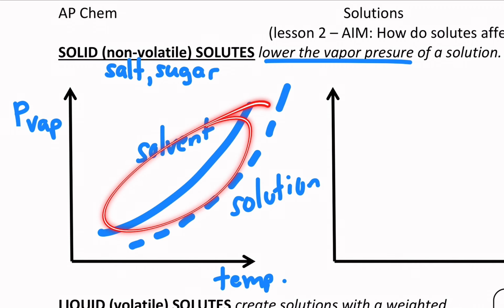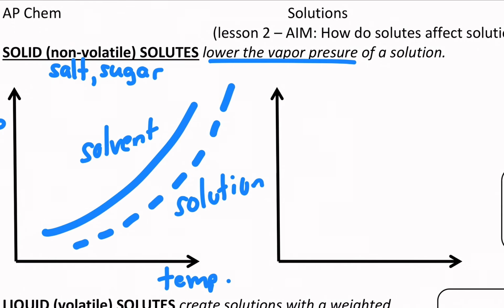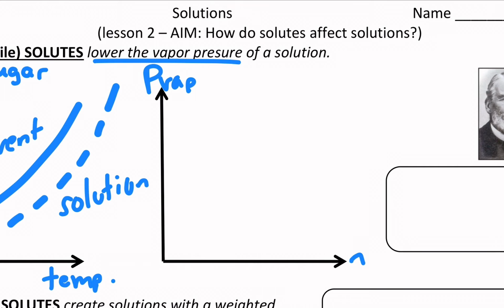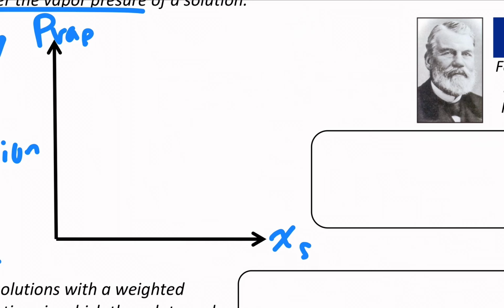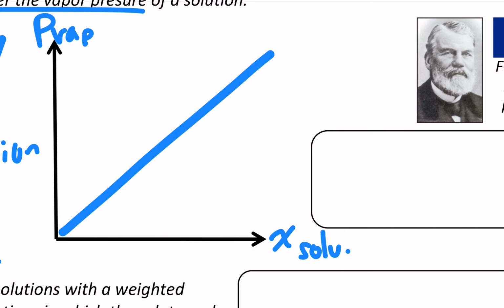Now, it's not linear, but what is linear is if you plot vapor pressure versus the thing we talked about in the previous lesson, the mole fraction, specifically the mole fraction of the solvent. That is linear, and you get a perfect y equals x straight line as you go from a mole fraction of 0 to a mole fraction of 1, where that would be only the solvent.